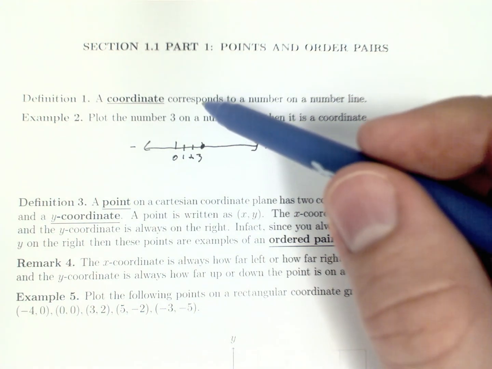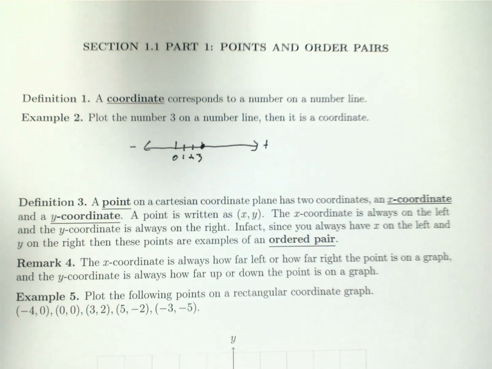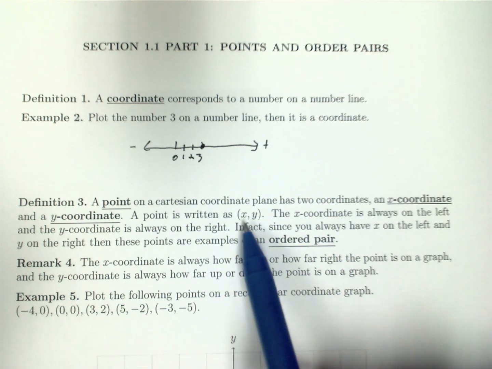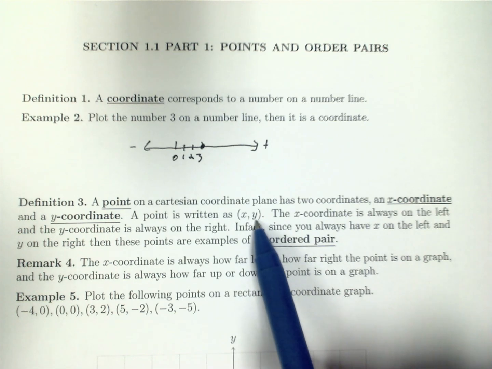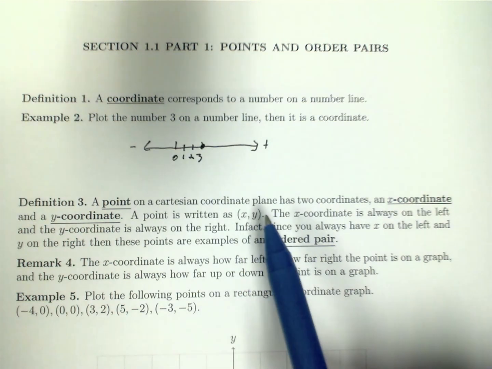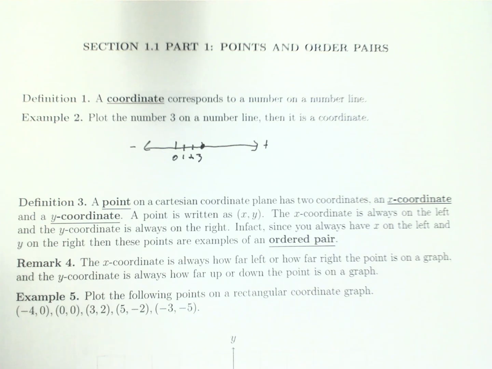Again, that would be something that goes up and down. A point is always written as x and then y. The x-coordinate is always on the left and the y-coordinate is always on the right. Since you always have x on the left and y on the right, these points are examples of what's called an ordered pair.